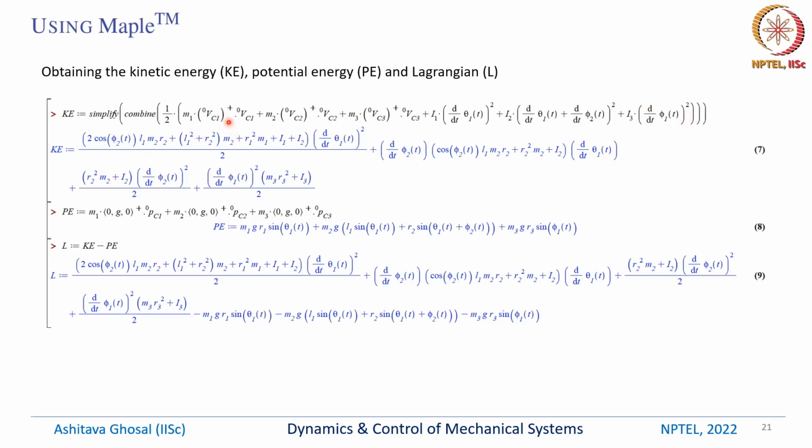So once you type this in Maple, you will get the expression for the kinetic energy, which looks like this.